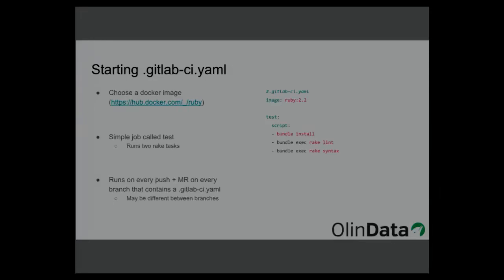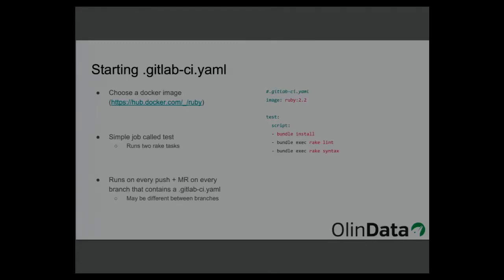Once you've checked this into your repository, from that moment on, for every push to the branch that has this file in it, it'll run your build. For every merge request, it will also run, but you have to understand that your GitLab CI can be different between branches.